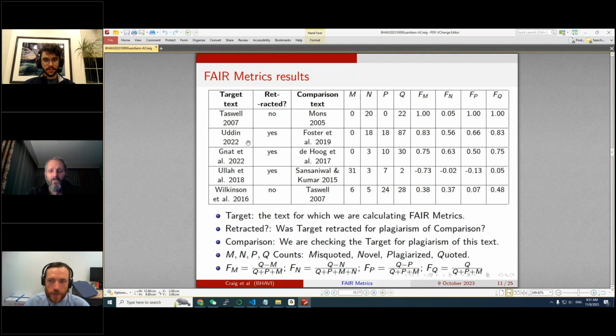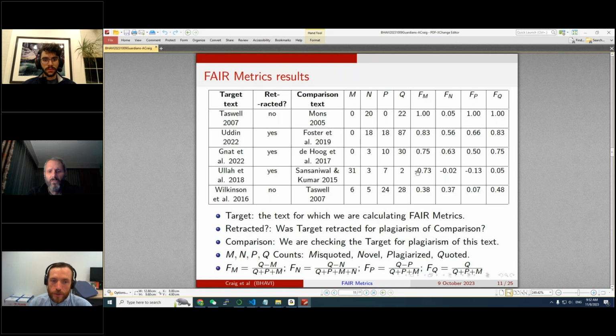Not going to read off all these numbers in this table, but briefly, we have 3 known papers retracted for plagiarism that we got from Retraction Watch, compared to papers that they're acknowledged as having plagiarized from in the retraction statements. And we can see that they all have non-zero p-values, often ones that are similar to or substantively greater than F sub n.